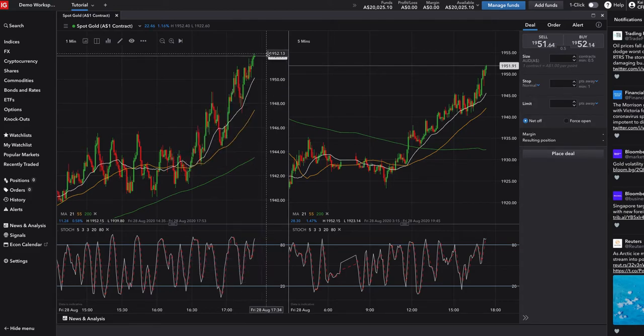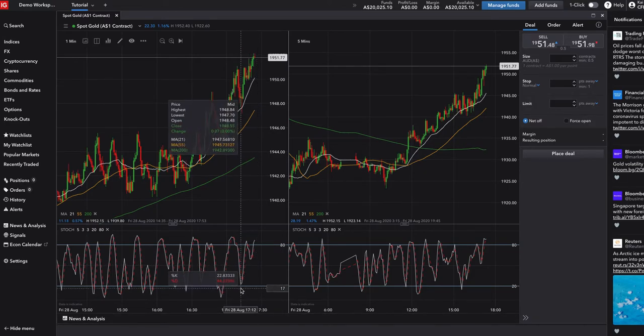So you want to look for the price being near one of these lines, and also this stochastic at the bottom here being near the bottom line.